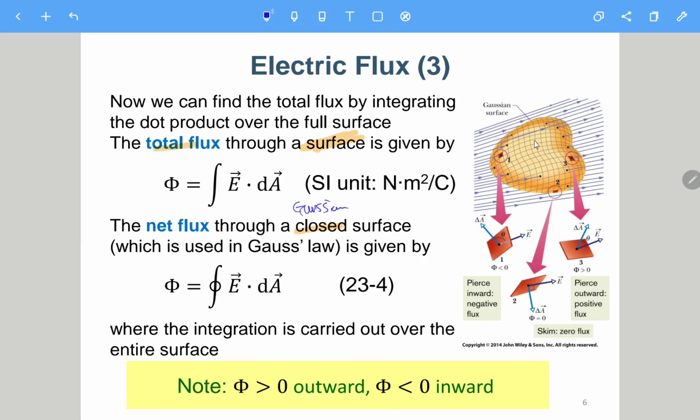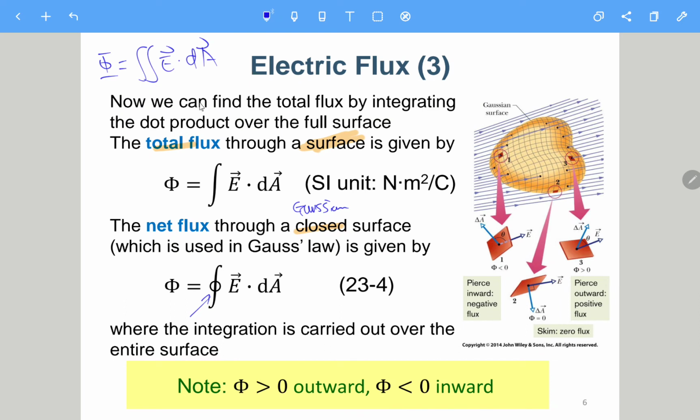So this one is a Gaussian surface, and here we draw a circle on the integral sign to specify that this is a closed surface integral. For this textbook, it always uses a single integral sign for this one. But in mathematics textbooks, sometimes it would be written with a double integral sign, to specify it is a double integral or a surface integral.